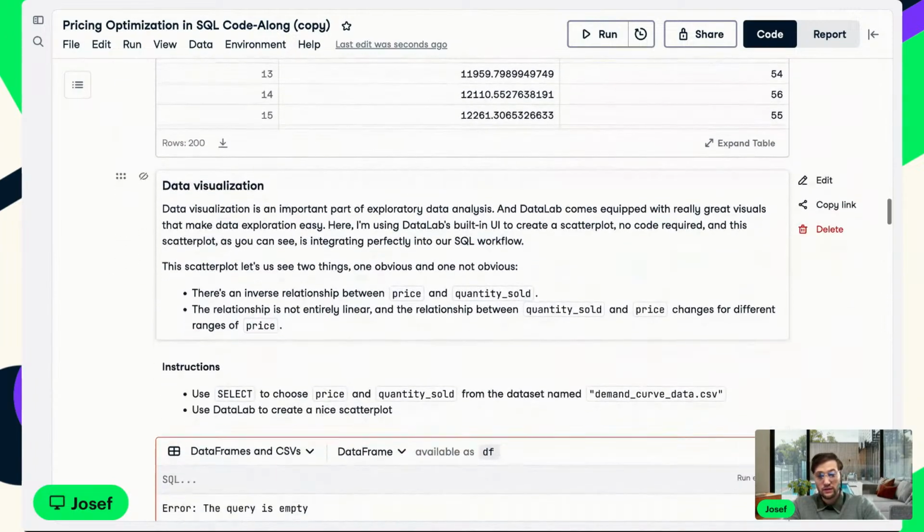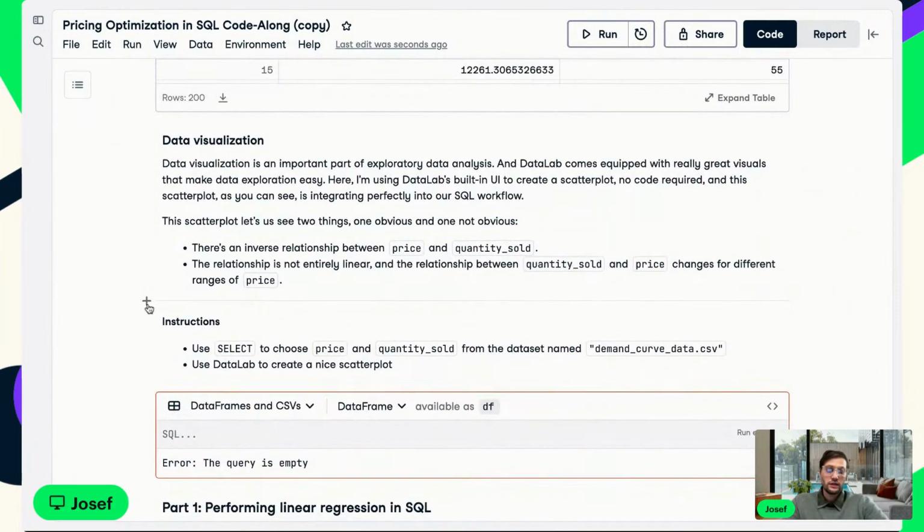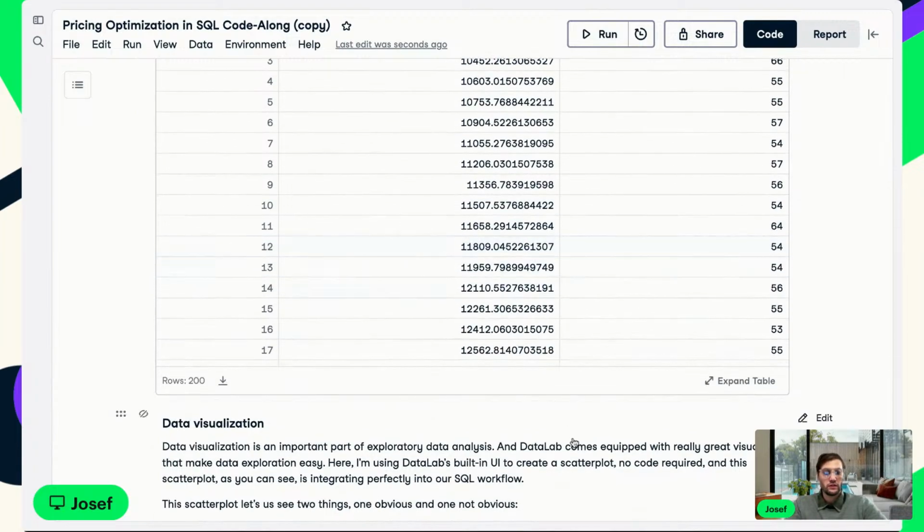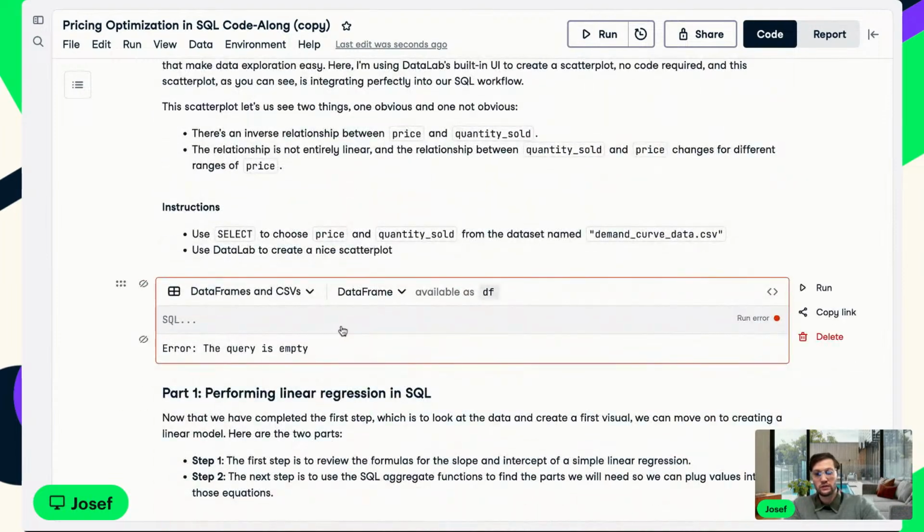All right, so the next step of exploratory data analysis is data visualization. And DataLab has great ways to do visuals. They're beautiful visuals, and they sit right alongside the code. Data visualization is important here, because if you look at these two columns, you really can't get a read on what the relationship looks like. That's why we visualize it.